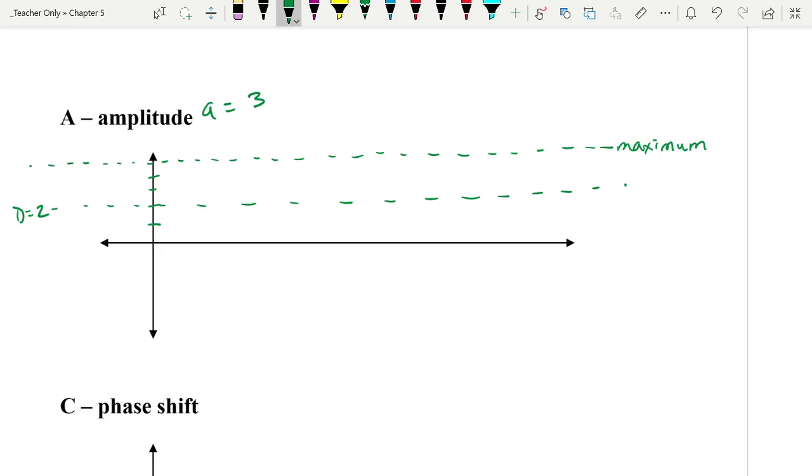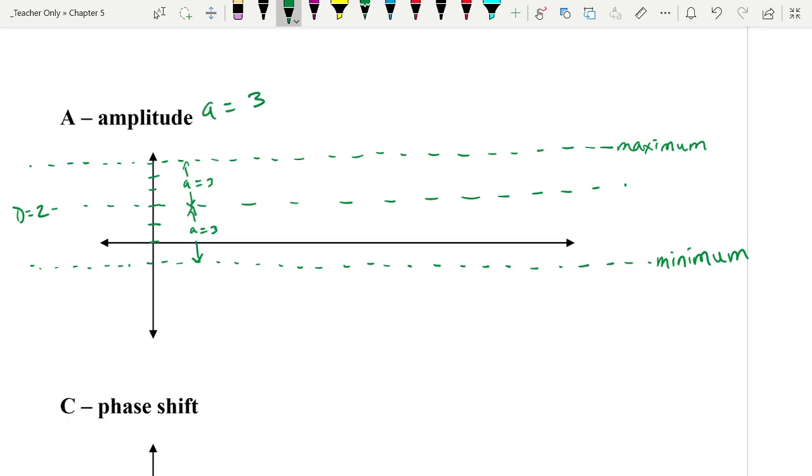Conversely, I can go down 1, 2, 3, and this is how low the valleys can go. So this is my minimum. I know that I won't cross that line. So this is my distance here. That A distance is 3, and this A distance is 3. Those should look like the same distance. Again, it's very hard to draw straight lines across the page. You could use a ruler if you wanted to.